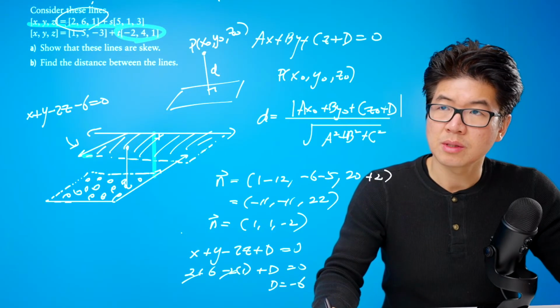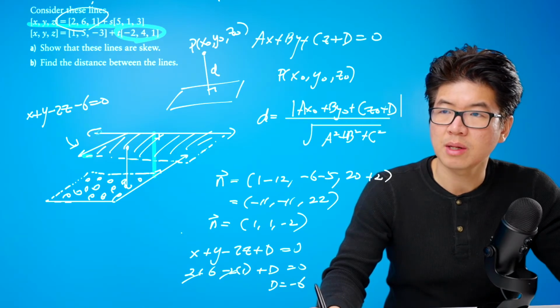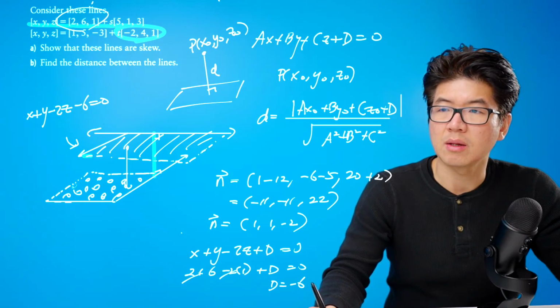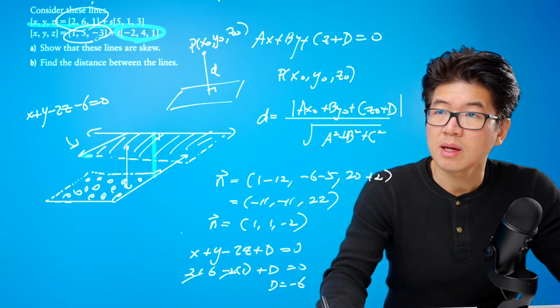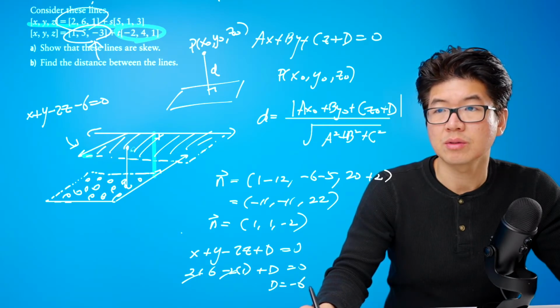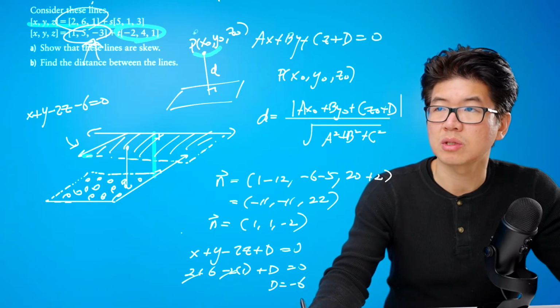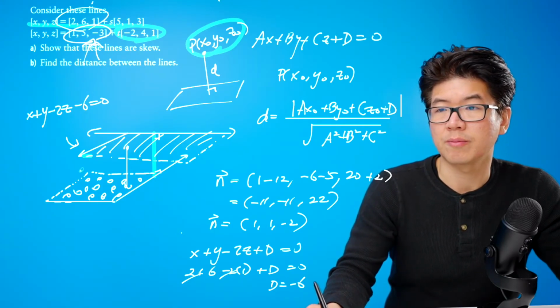Okay, so the shortest distance between these two skew lines is the same thing as the shortest distance between this plane and any point in this bottom plane. So we know that point right there is in the bottom plane. All we have to do now is find the distance from this point, which we can treat as our P0, to this plane.